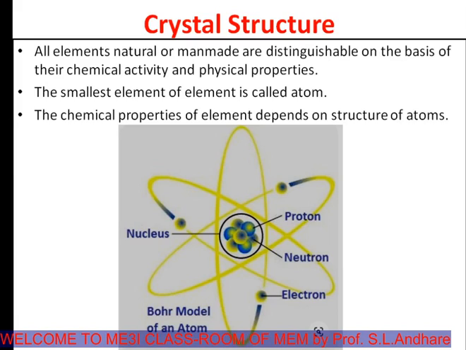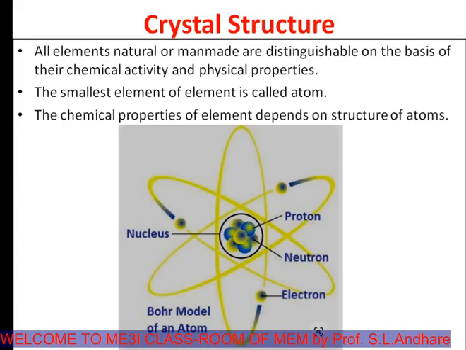Now we want to go in more depth about this subject, that is crystal structure. Whatever materials, metals, ceramics or polymers you observe around you, every material is different in nature. It has differences chemically. It has different physical appearance, different surface texture, different mechanical properties. It behaves differently in corrosive environment.